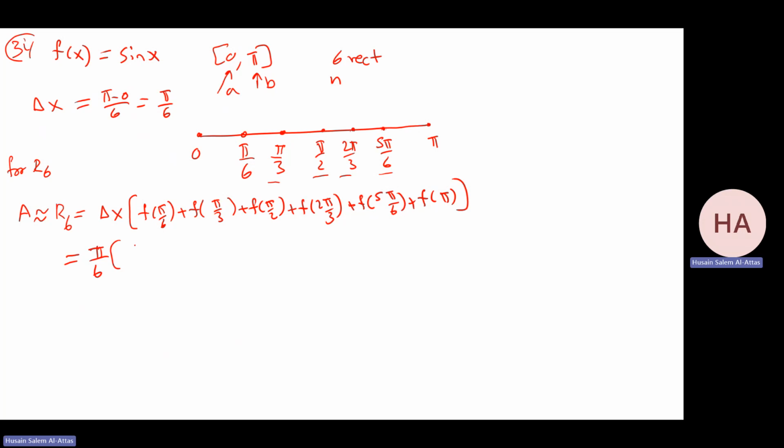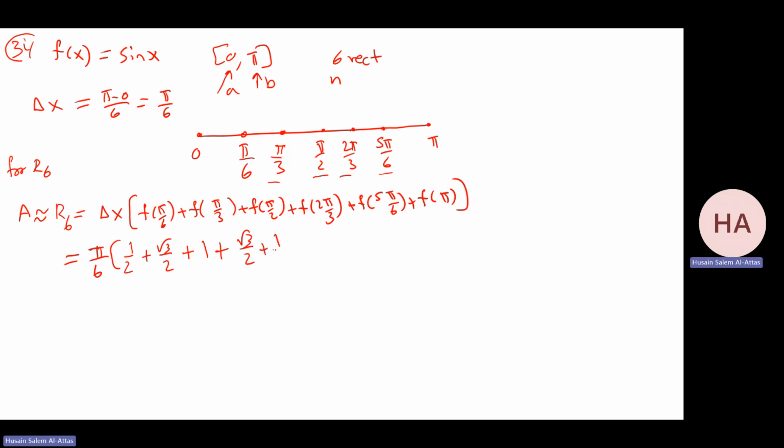Sine of pi over 6, that will be half, plus square root 3 over 2. And this one will be f of pi over 2, which is 1. 2 pi over 3, which is another square root 3 over 2.